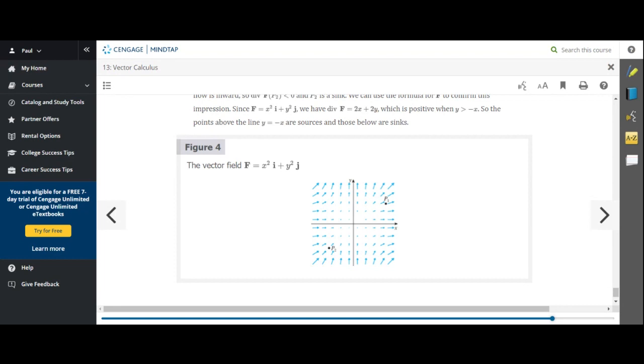I just wanted you to be aware of this kind of thinking, because you're going to have one problem in your homework on it. And if it comes up on the final exam, I just want you to feel comfortable should a problem like this occur on the final.